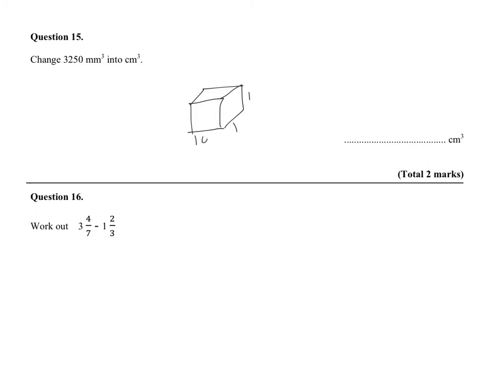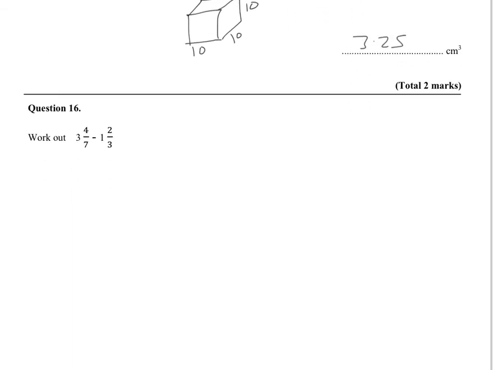That means that there are 10 millimeters on each side length. So 10 times 10 times 10 will give us 1,000 millimeters cubed for every 1 centimeter cubed. So therefore, we're going to have to do this divided by 1,000. Which is going to give us 3.25 centimeters cubed.